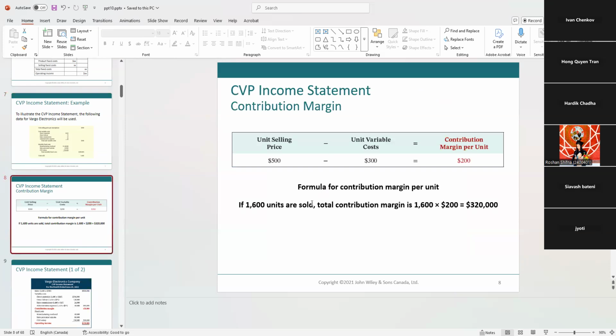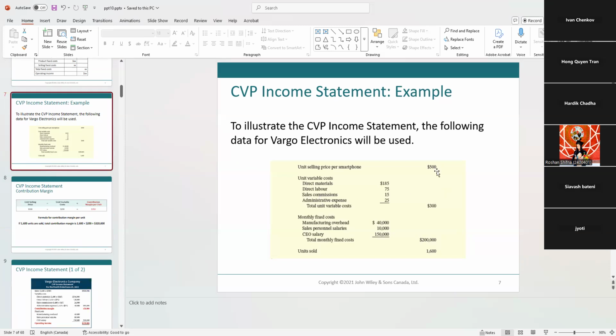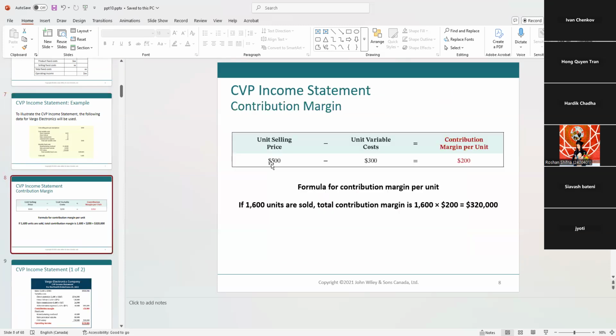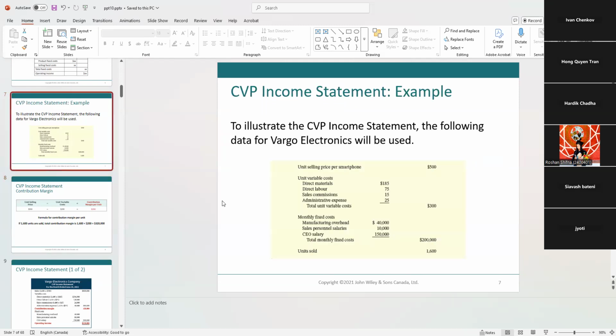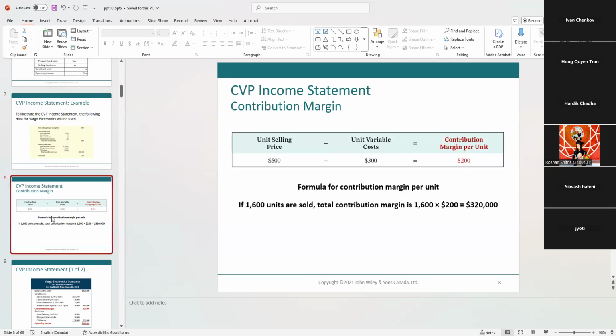So we're staying with the contribution margin. What do we need? We need the sales price per unit and variable cost per unit. That gives us the contribution margin per unit. Once we have it, we already saw that the only thing that drives total sales, total variable cost, and total contribution margin is the number of units that we're selling.